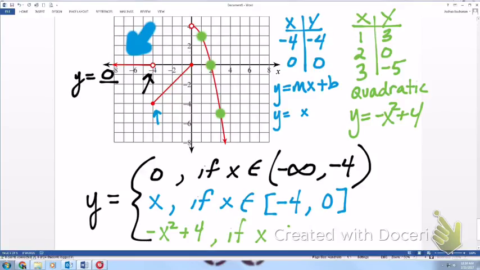If x is from, it looks like an x value of 0, but because there's an open point, there's a parentheses, and then this arrow right here indicates it goes to positive infinity. And there is our function rule for the graph provided here in example number 1.